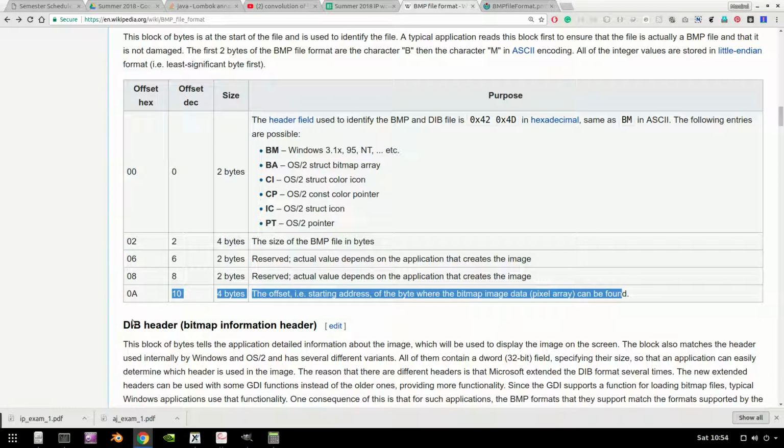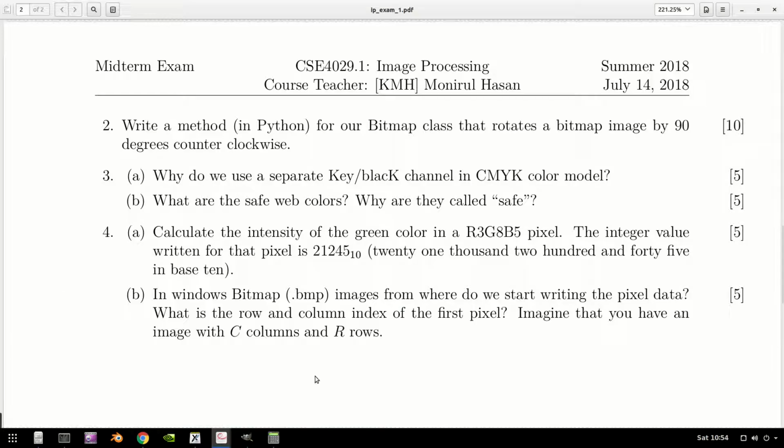So the value that's written over here gives you the pixel address. And we calculated that in our code, and we printed that out as well. So that's the answer I was looking for: from which address we start writing the pixel.